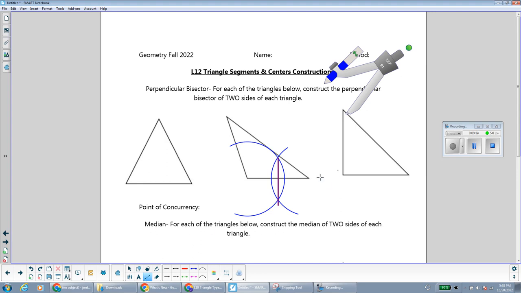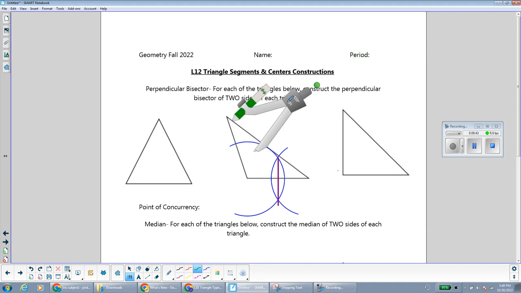So let me use a different color for this so it doesn't get confusing. Let me use green for this. So I'm going to bisect this side as well. So I'm going to put my compass on one of the endpoints of that side. I'm going to open up more than halfway, but the exact length doesn't matter.